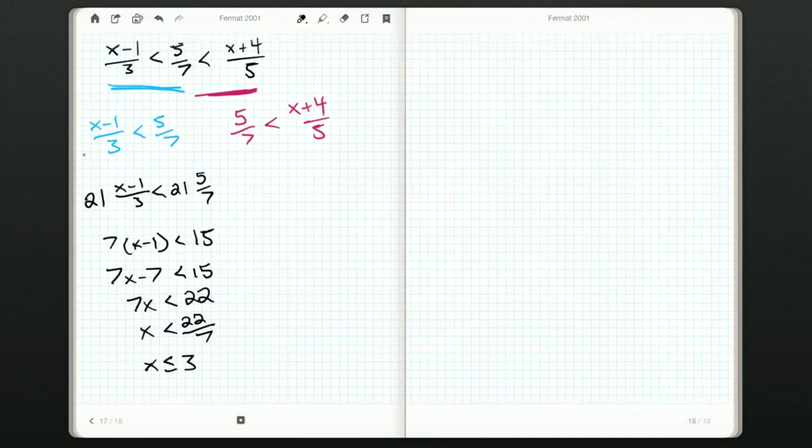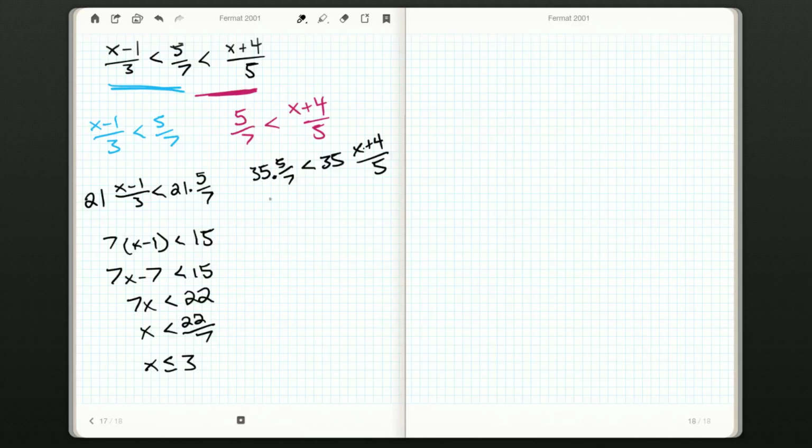So 5 over 7, so we've got something over 7 and something over 5. So a nice little common denominator, or something to multiply both sides by, would be 5 times 7, which is 35. So 35 times 5 over 7. Put the little dot in there so we know it's multiplication. Now since we're multiplying by 35 and 35 is a positive number, we know that the inequality is not going to change signs.